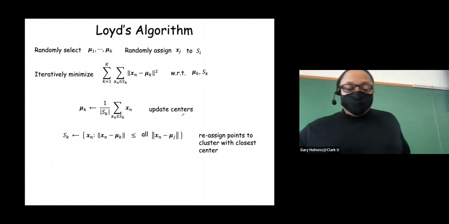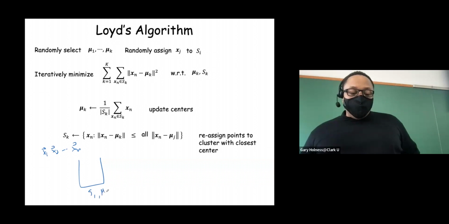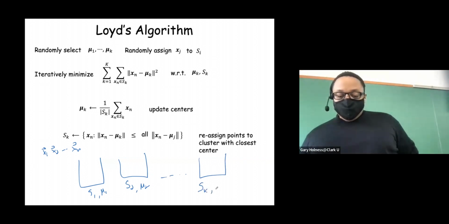You line up all your points, x1, x2, up to xn. They're all vector valued. And now that you've updated the centers, you have the first cluster, S1, associated with the center mu1. You have S2, your second cluster, with a center mu2. And you also have up through and including SK, your kth grouping, and it has a center mu k.